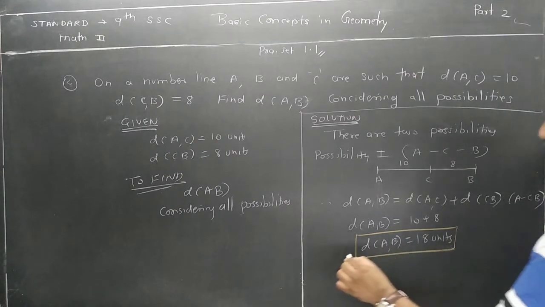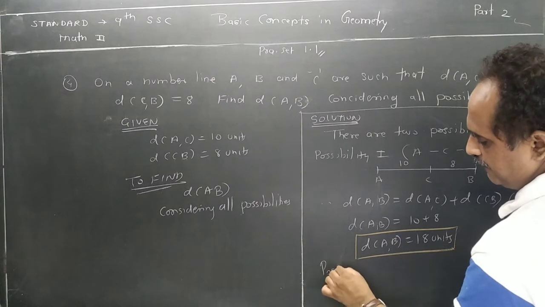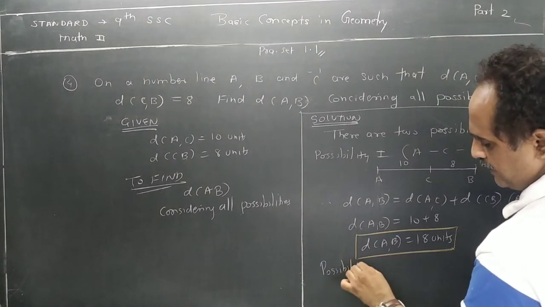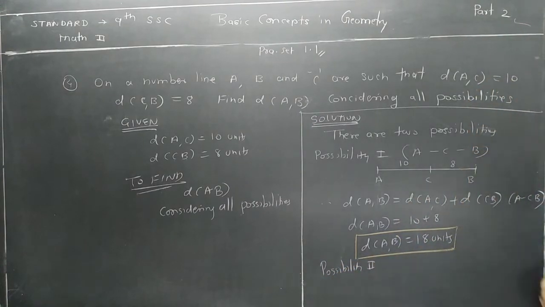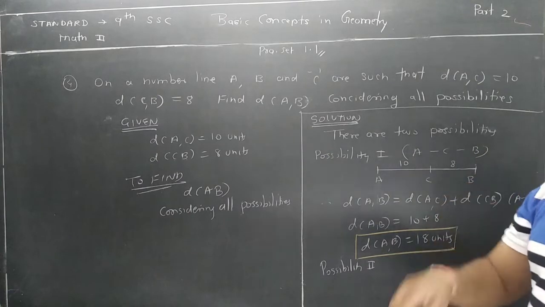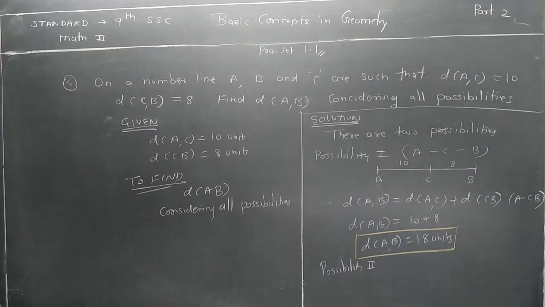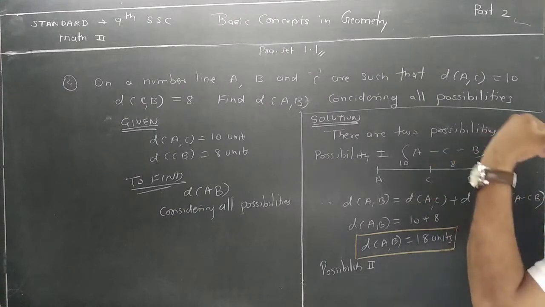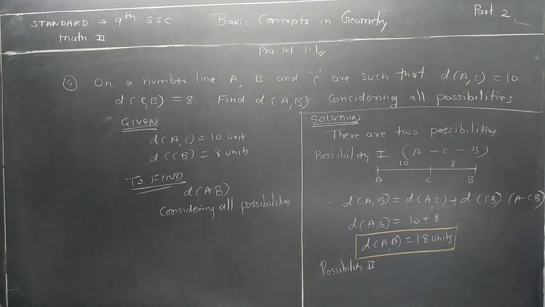Now we are going for possibility 2. What will be the possibility? This is the largest segment. See, AC is the largest segment. So what I can do is put C on that side and B on that side.